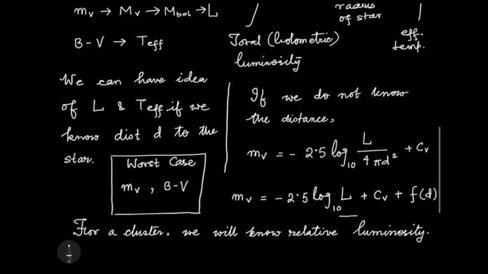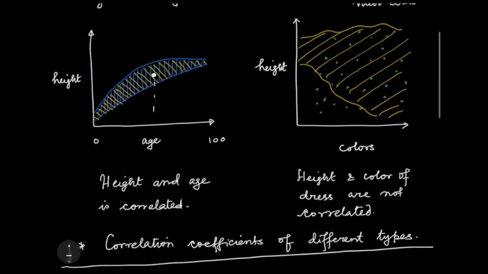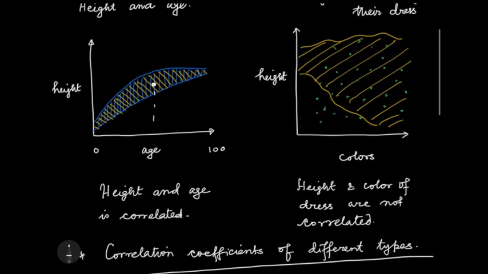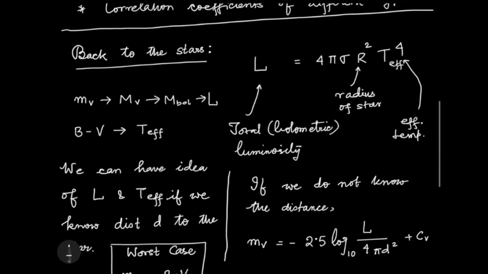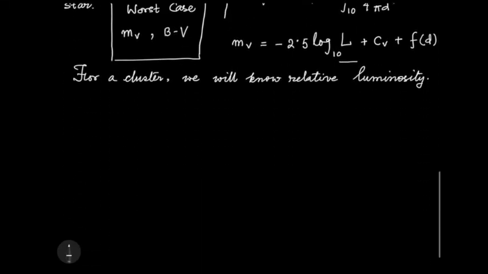Now, with these two, I can do a correlation plot, or sometimes these are also called scatter plot because the points can be completely scattered in the plot. What would I expect if I do a scatter plot of L and T to the 4? So let us ask that question.